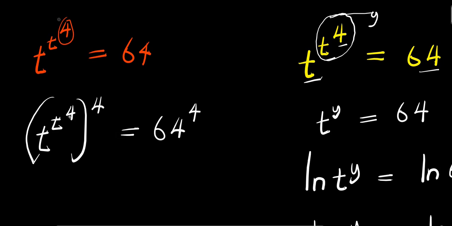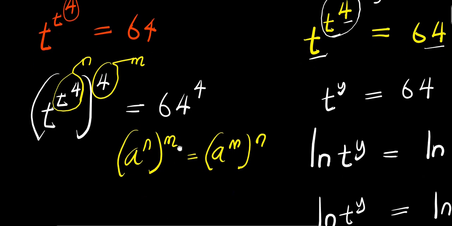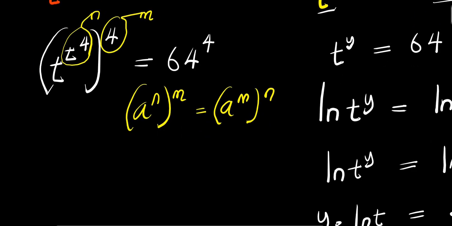Now, we can also say that let this t power 4 represent n, and this will represent m. If you have a power n power m, this equals a power n times m.